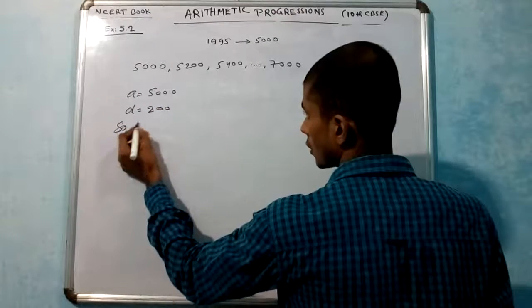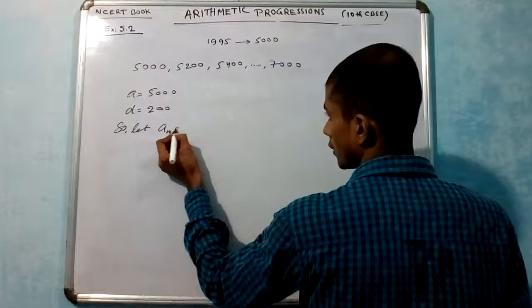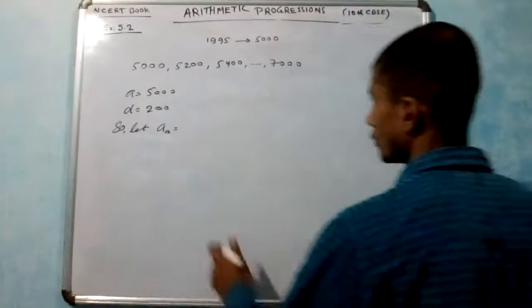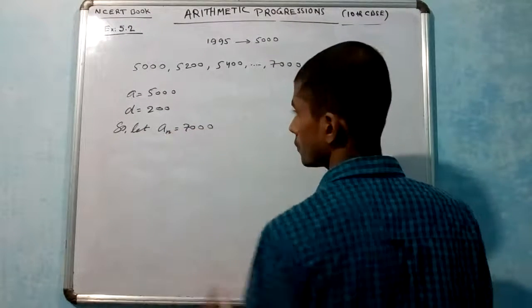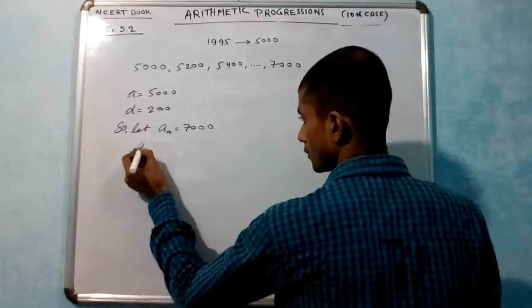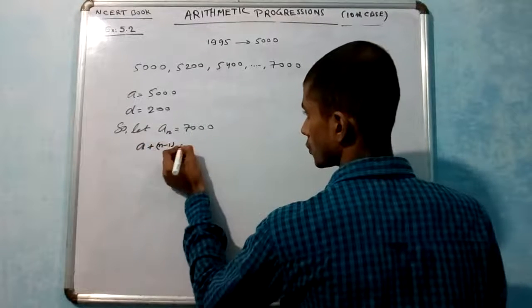So let after n years, AN be equal to 7,000. A plus N minus 1 into D is equal to 7,000.